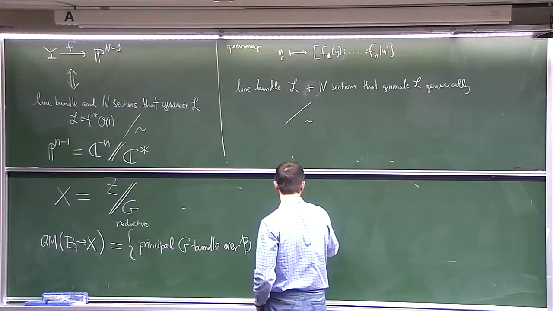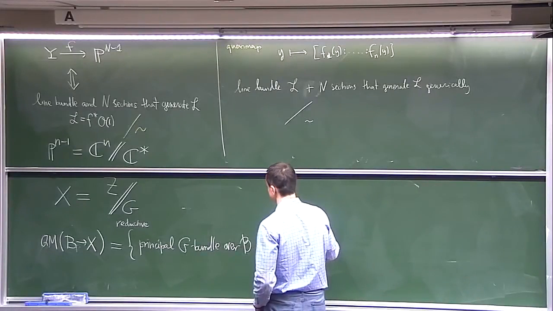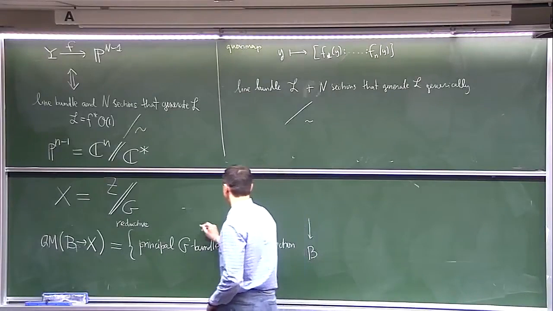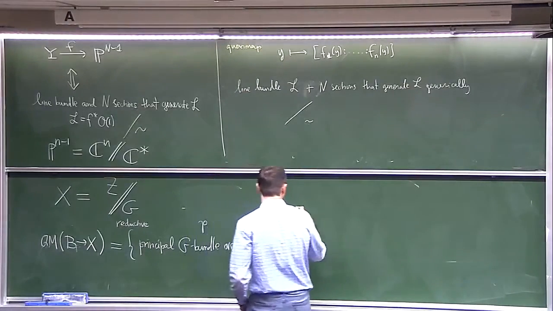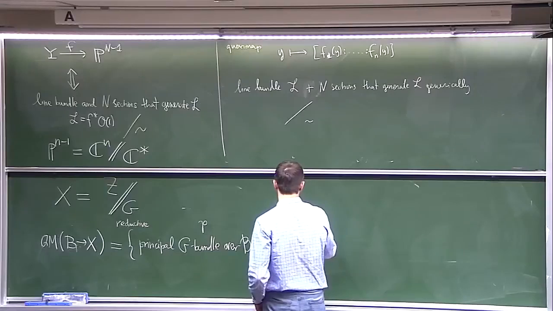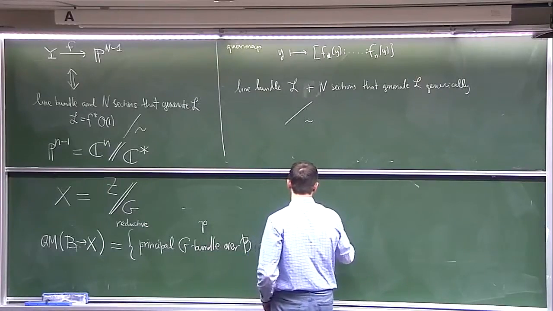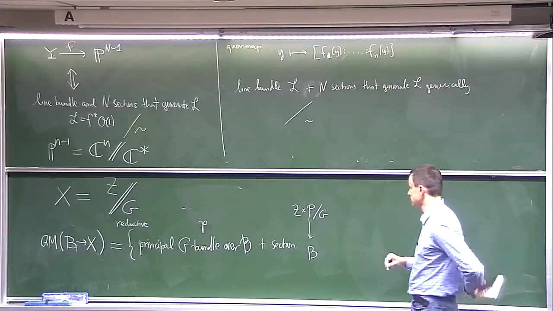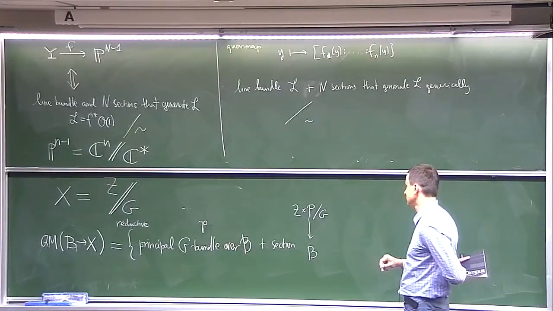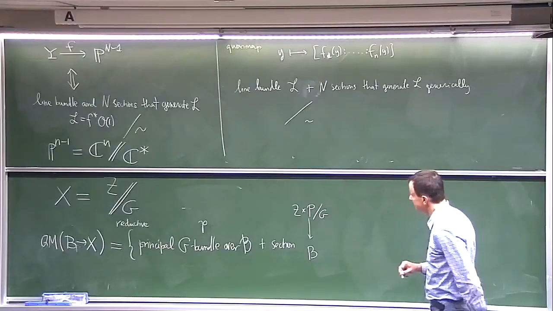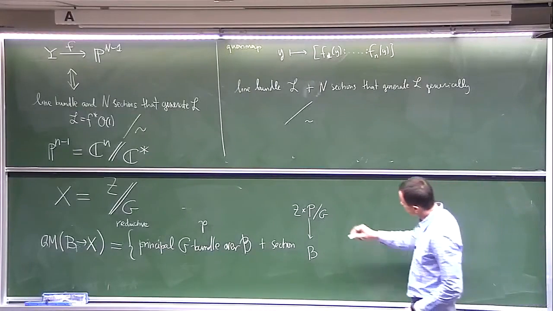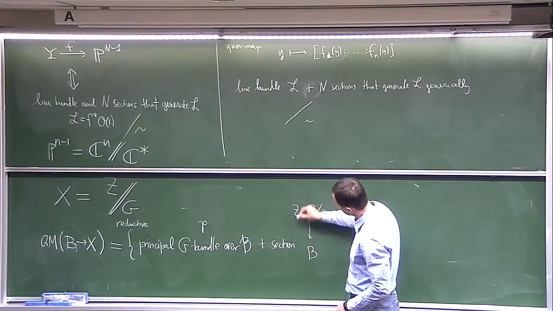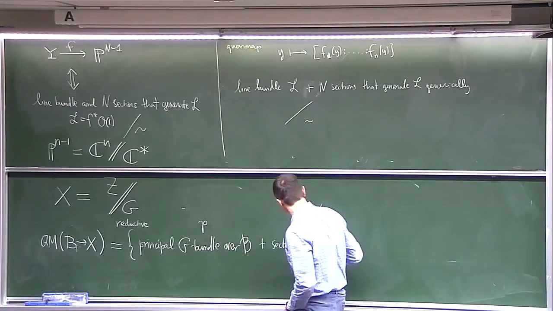Maybe I'll call the principal bundle P, and write the associated bundle as Z cross P mod G. Is that okay? So you have a principal bundle, you have an associated Z bundle, and you look for a section.